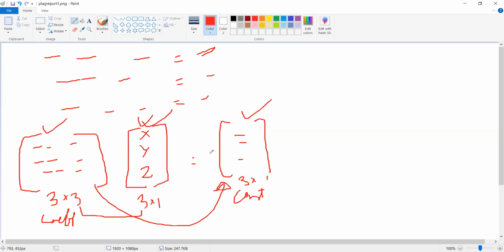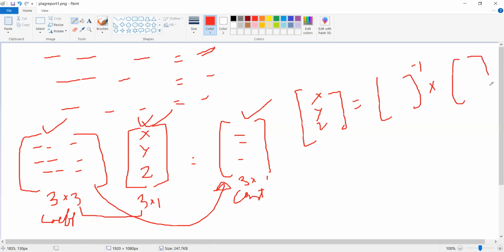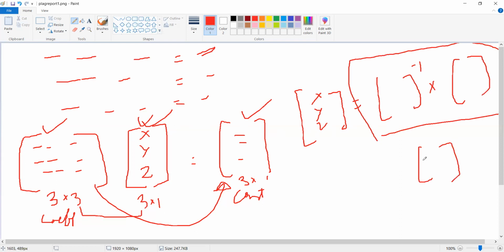So your xyz value is going to be this inverse, and we'll write inverse as -1, multiplied with the constant matrix. So find the inverse and multiply with this. This will result in some value, and that is your xyz.